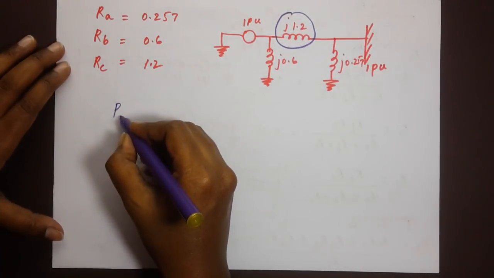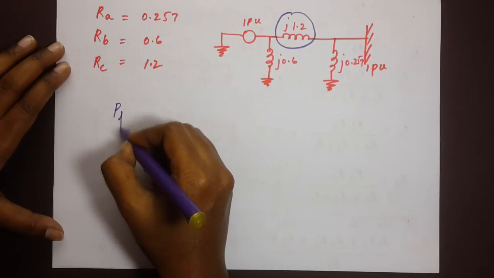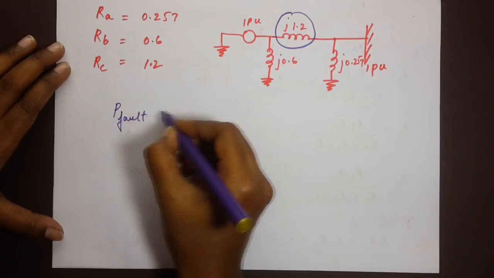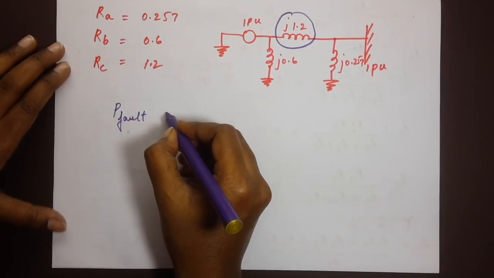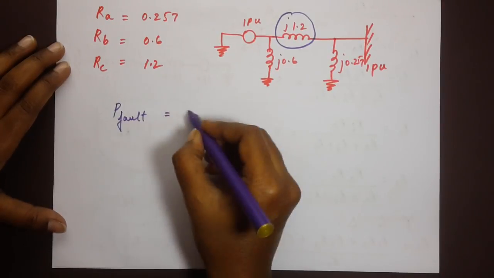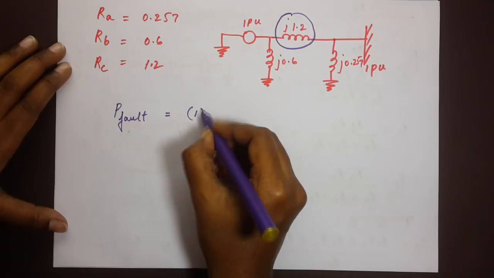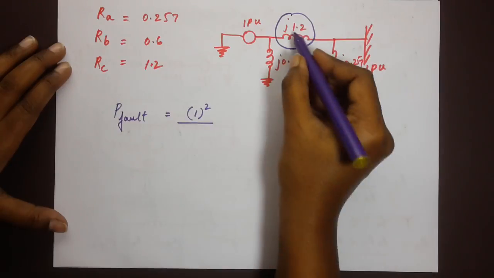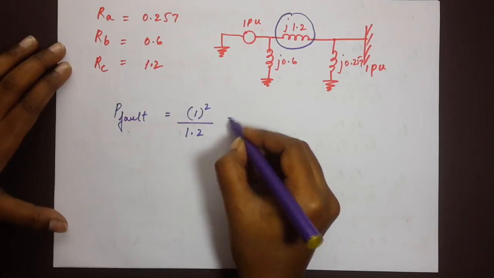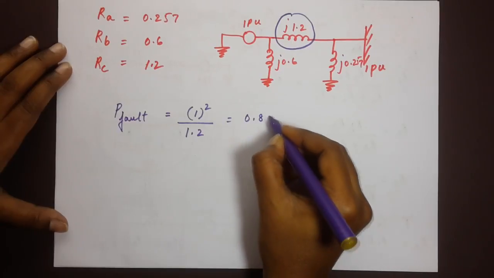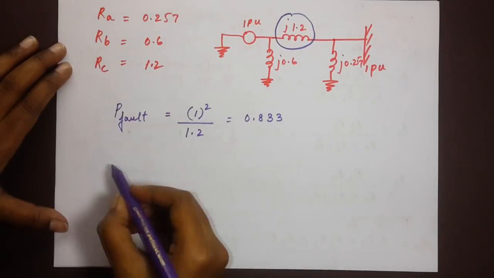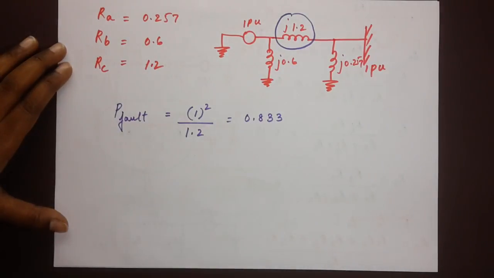The power at faulted condition would be equal to V square, that's 1 square divided by 1.2, and that results in 0.833. Now we can find the value of the ratio.